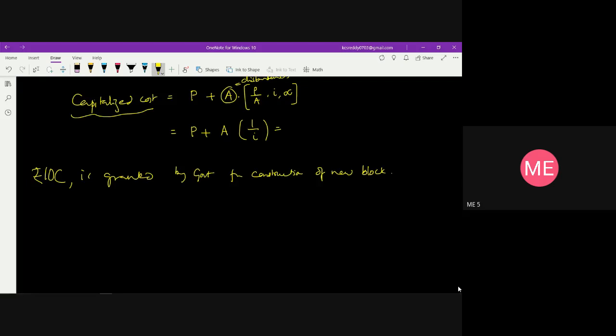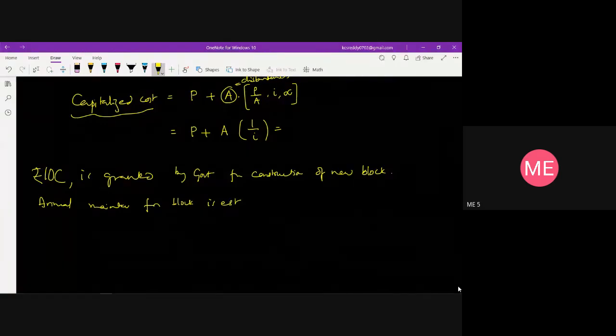Here I have taken annual maintenance for the block, estimated at rupees 10 lakhs.